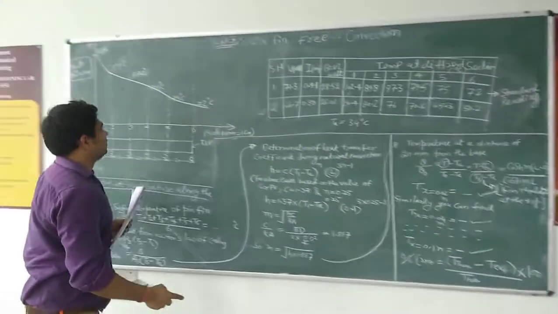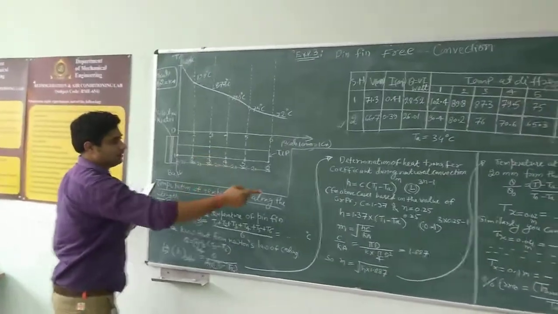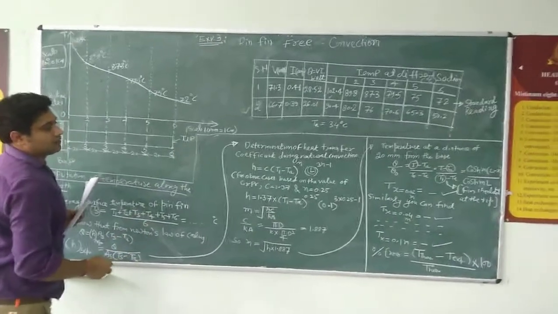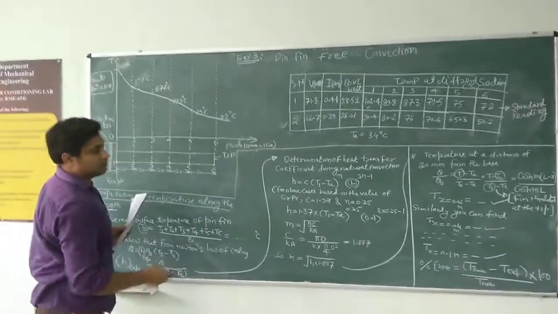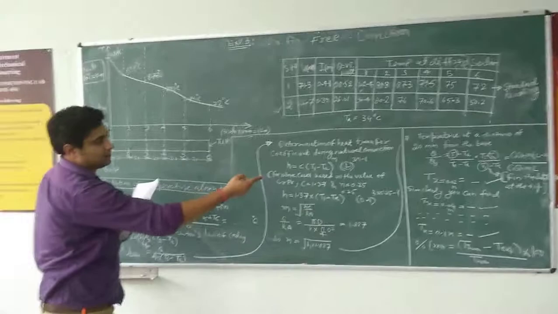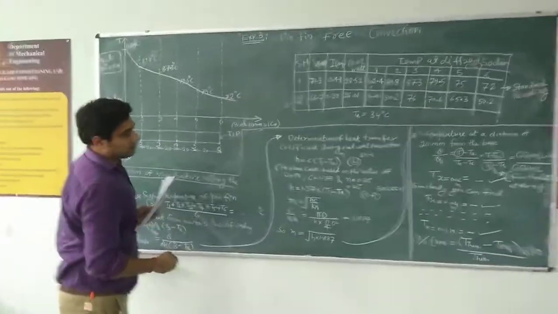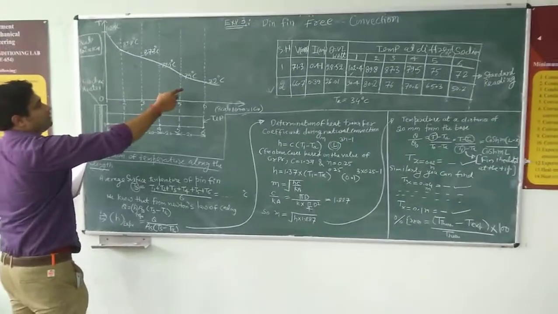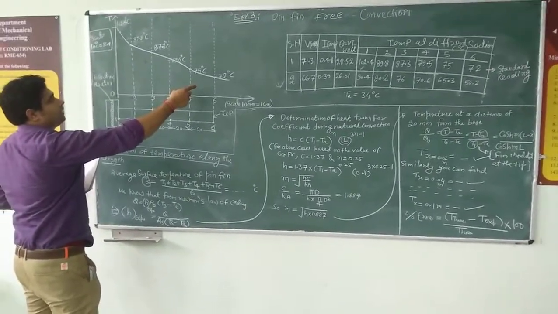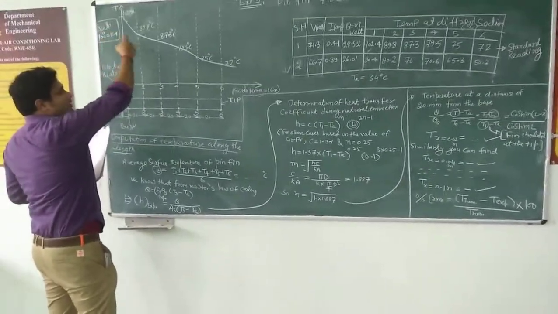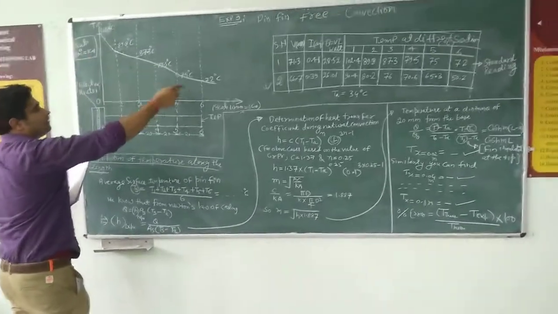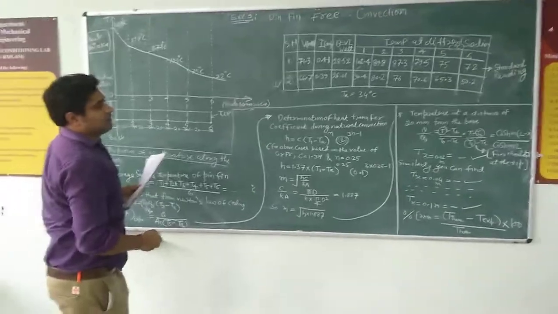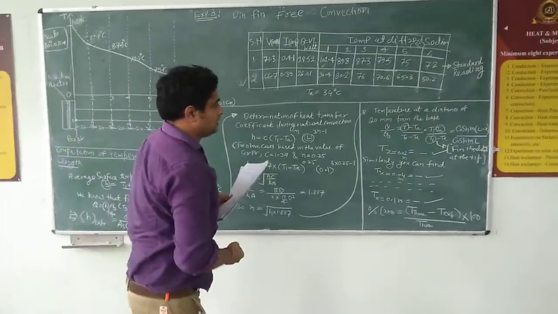Similarly, you can draw the temperature profile for the theoretical calculation, because we have already determined the temperature at various locations. So we can draw the theoretical temperature profile in the same manner as the experimental profile. So this is the end of this experiment.